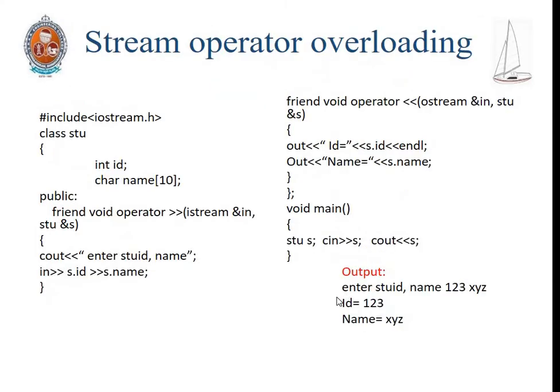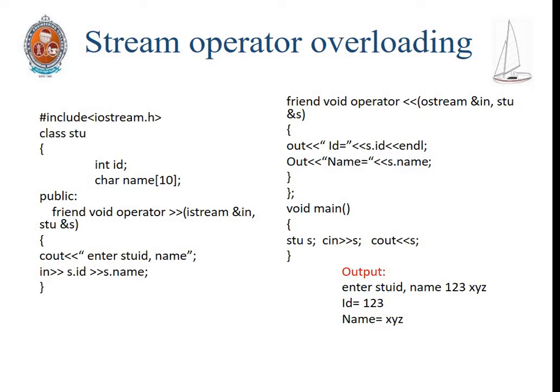Next is stream operator overloading. Before going to the example, let's recall some basic points of the stream class. The operator less than, we use this symbol with cout, right? We know that cout is a predefined object.